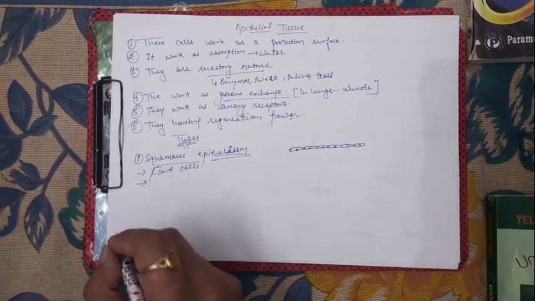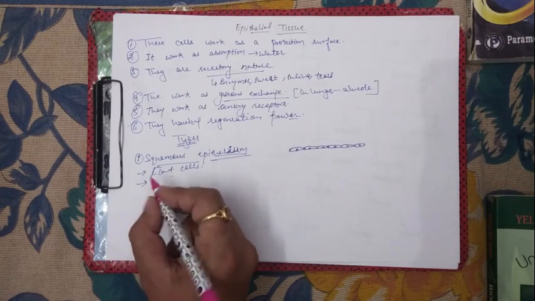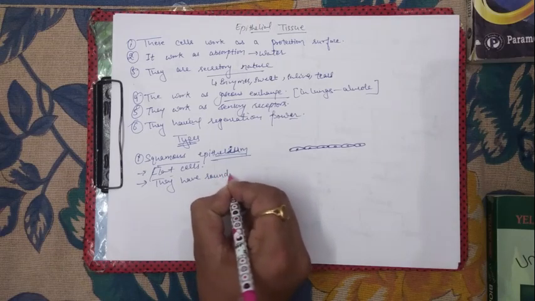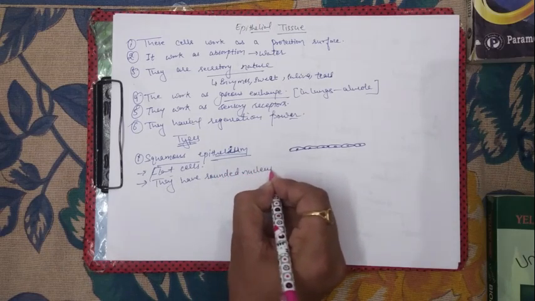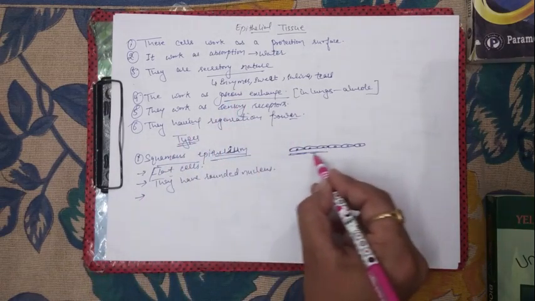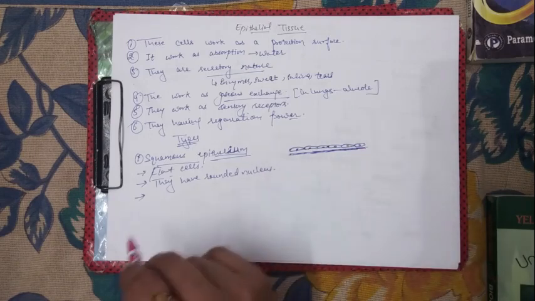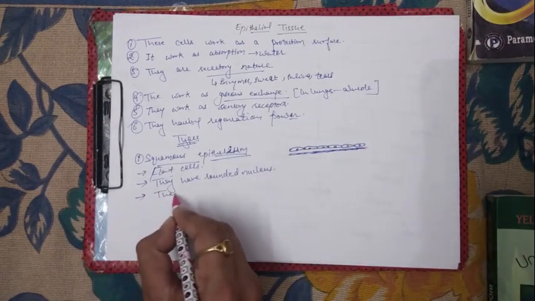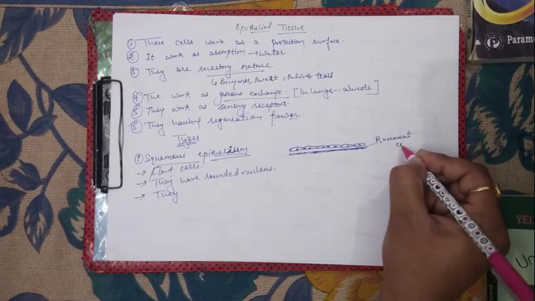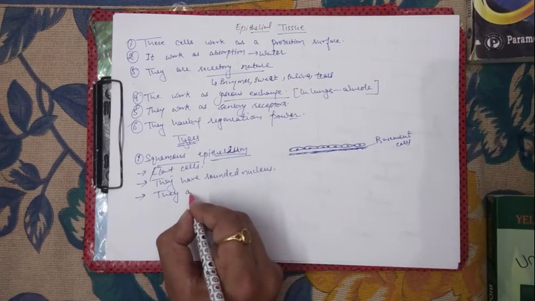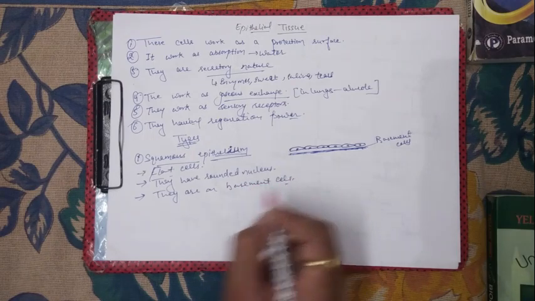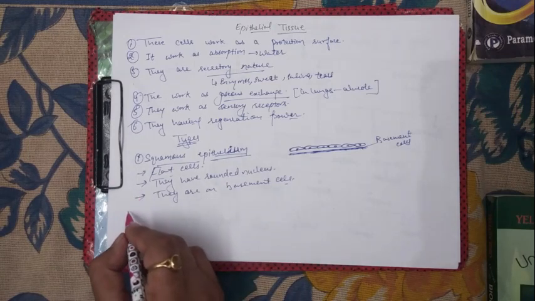Next, they have a rounded nucleus. Every epithelial cell sits on some kind of non-living layer called the basement membrane. They are on the basement membrane.